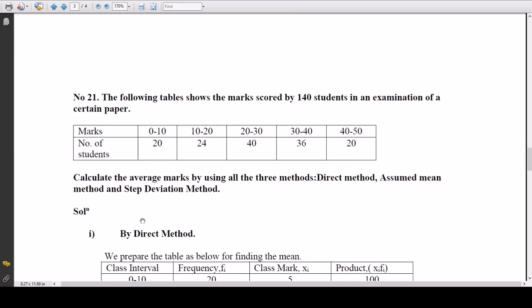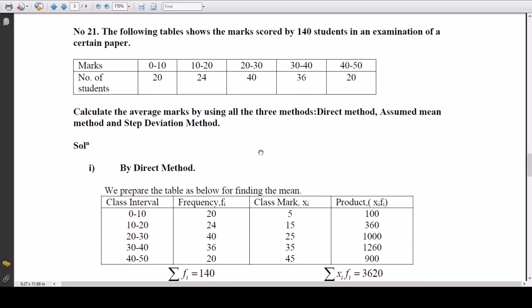Okay, in the direct method, what you'll do: the marks, which is the class interval, and the number of students, which is the frequency, you'll write as given in the table, as per given in the question.